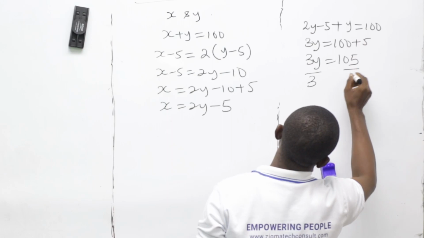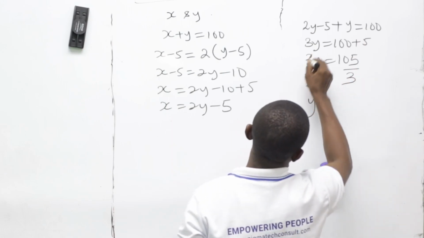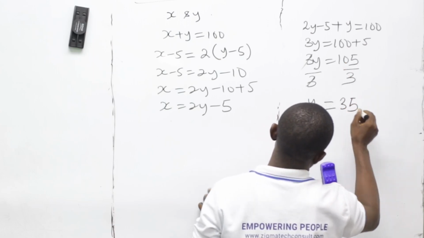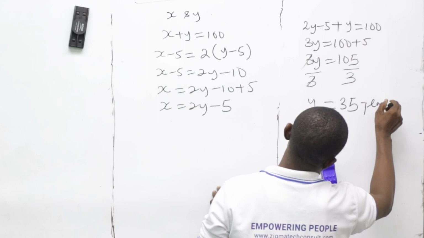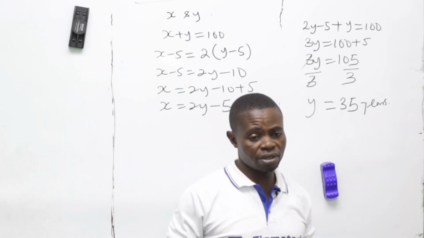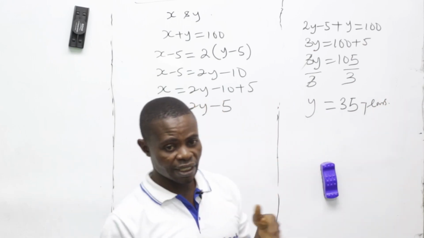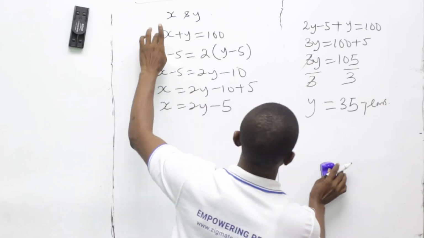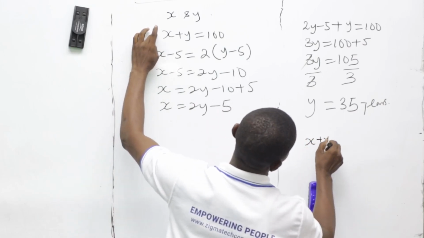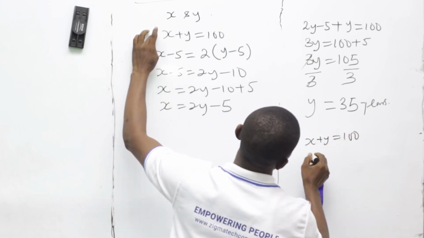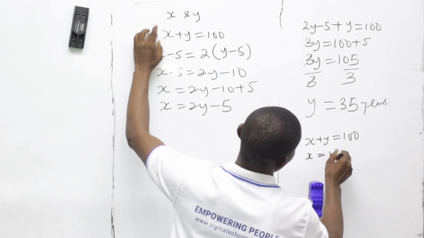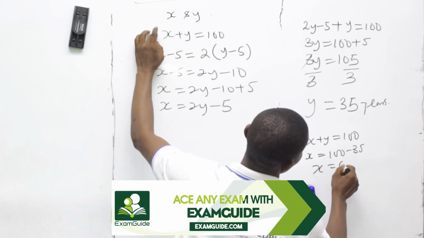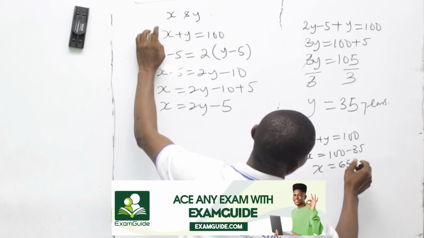Dividing through by 3, we are going to see that y will give us 35 years, because this is something to do with age. Now, who is y? Cisse. Then Musa's age is what? We don't know. Let's check. x plus y equals 100. So Musa's age, x equals 100 minus 35. Musa's age is 65 years.